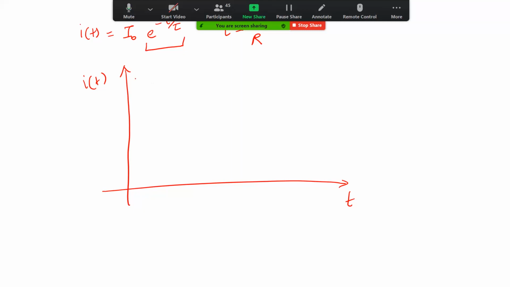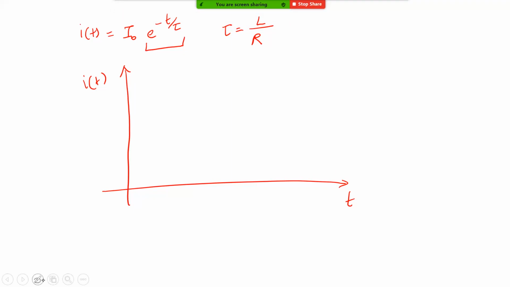So here, let's say it is starting at a point I naught, and then we know the shape, like all of us know the shape. It is kind of coming something like this.